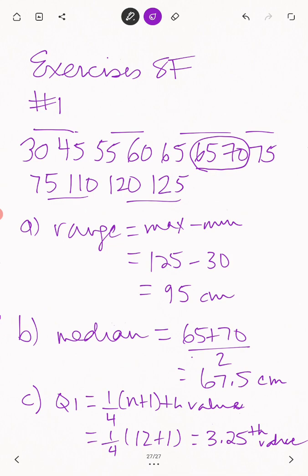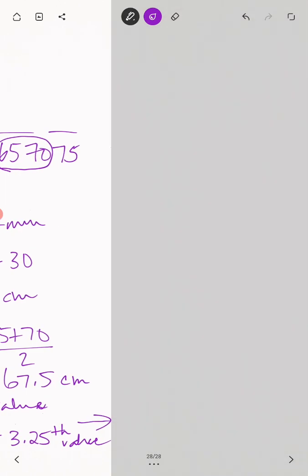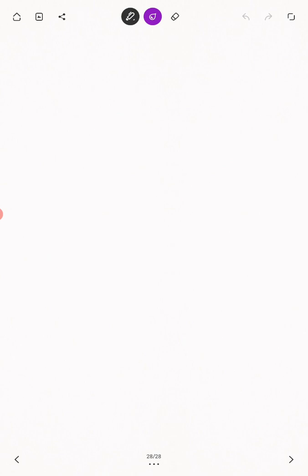Now obviously the 3.25th value doesn't exist. So here's where some confusion comes in. Let me go to the next page here. So we're going to do this again. We got that Q1 should be the 3.25th value in the data set.